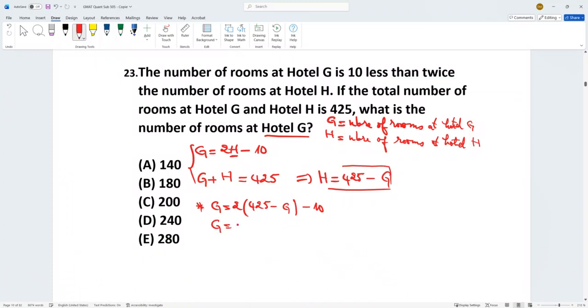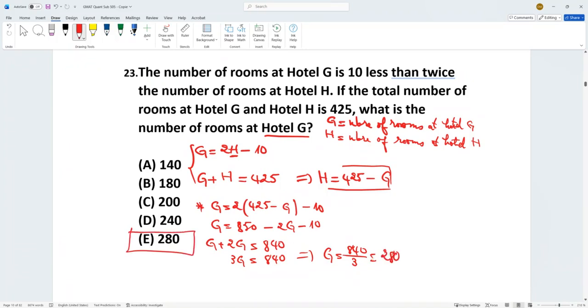Now G is 850 minus 2G minus 10. The minus 2G will come here, so we have G plus 2G equal to 850 minus 10, which is 840. 3G is equal to 840, and then G is 840 divided by 3, which gives us 280.